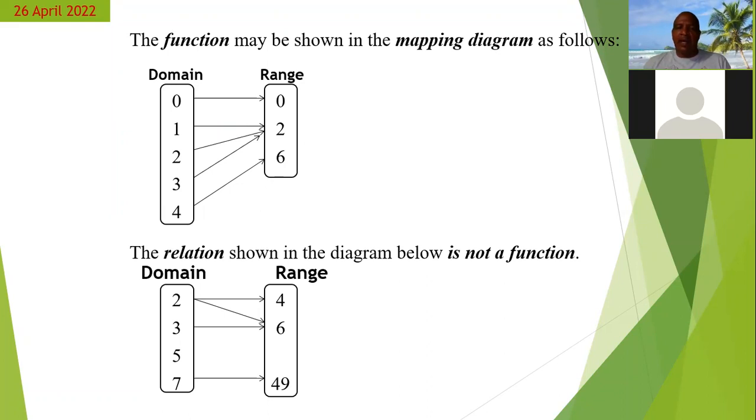So I would ask you, why would you consider this mapping not a function? Sir, because the two is sharing two different ranges. In other words, this is one child that has two different mothers.